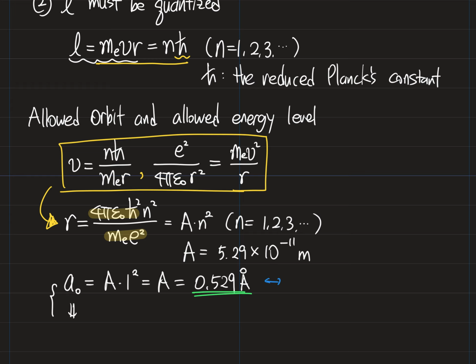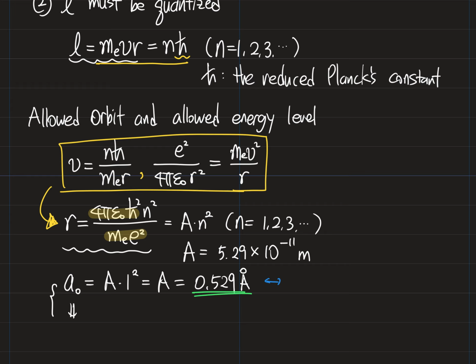Okay, so we confirm that there are allowed orbits, and the radii of the allowed orbits are given like this. Now let's look at the energy levels.